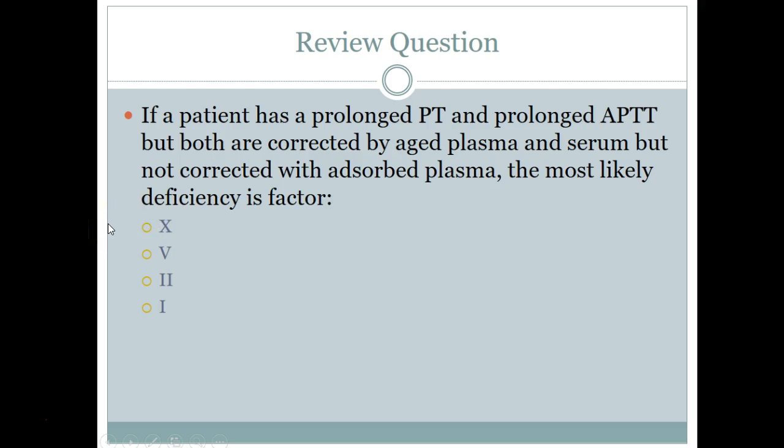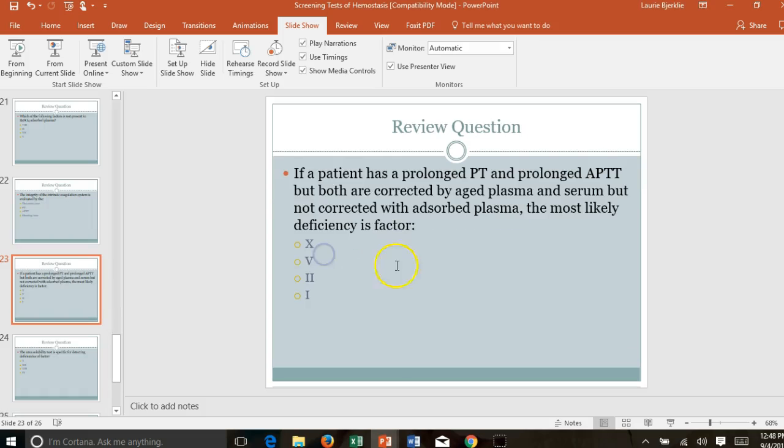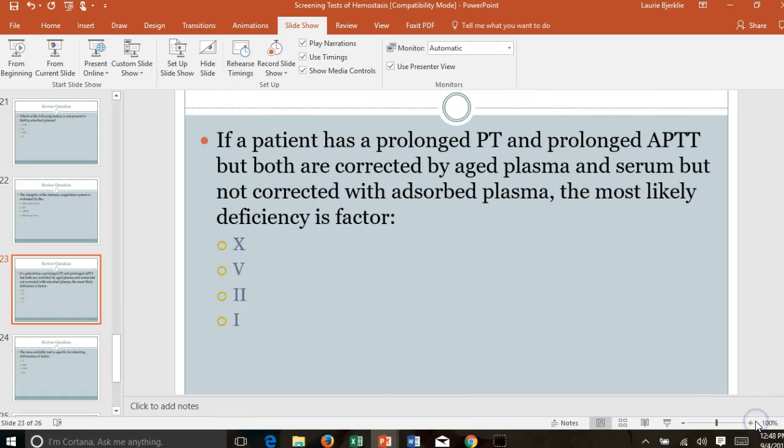If a patient has a prolonged PT and prolonged APTT, but both are corrected by aged plasma and serum, but not corrected with adsorbed plasma, what is the most likely factor deficiency? So this is one of those mixing study problems. So I'm going to take it off the slideshow format because I want to write on here.